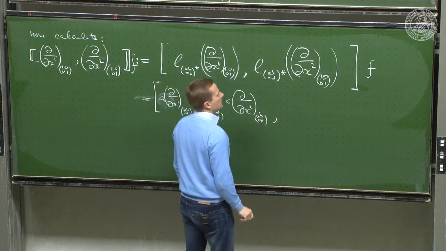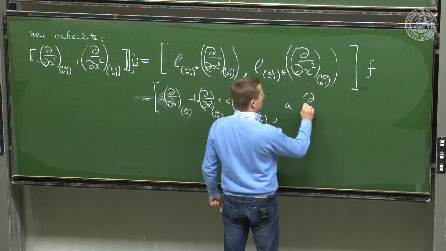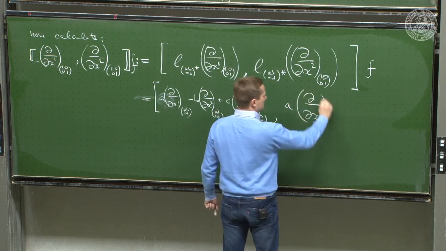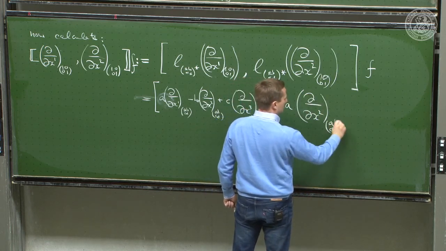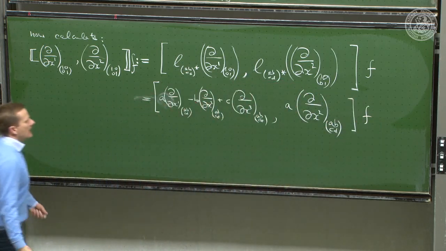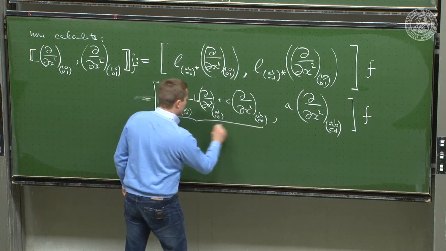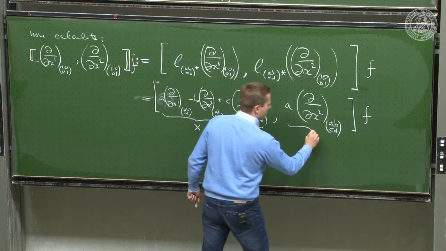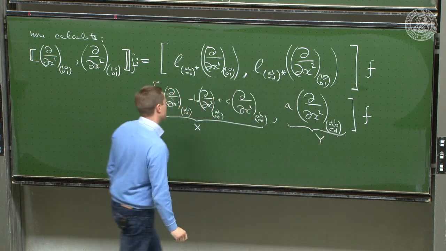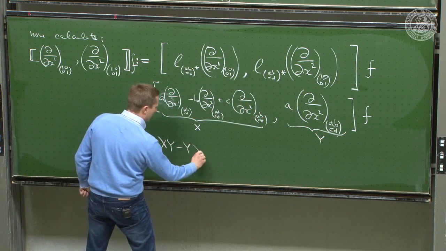And the second one, you plug in the same. That's A d by dx2, which happens to be a little simpler, at the point (A,B,C,D). Okay, you act on an f. And how do you do this? Well, I just do it. This is an X and this is a Y vector field, and you know that this whole thing is XY minus YX on f.